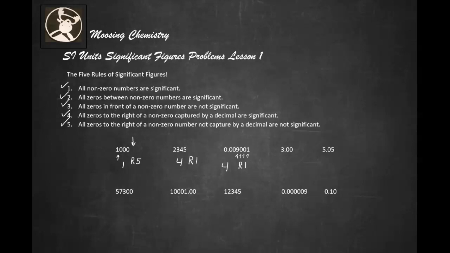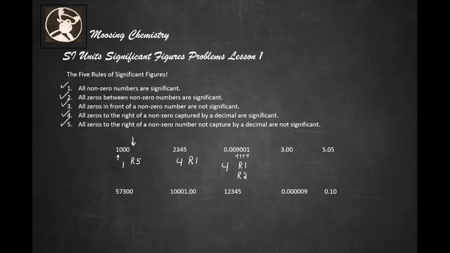So the 9 and the 1 are significant. And look at the next rule here. The next rule says that all zeros between non-zero numbers are significant. So that would be rule 2. So there are 2 rules that help us determine that there are 4 significant figures here.